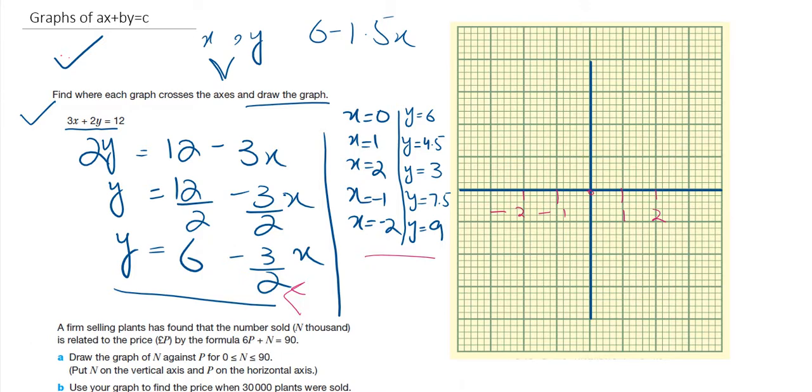Let's write the table of 3 over here: 3, 6, 9, and negative 3, negative 6, and negative 9. Here's the negative y-axis, negative x-axis, and that would be the positive axis. Okay, so let's start plotting the lines.